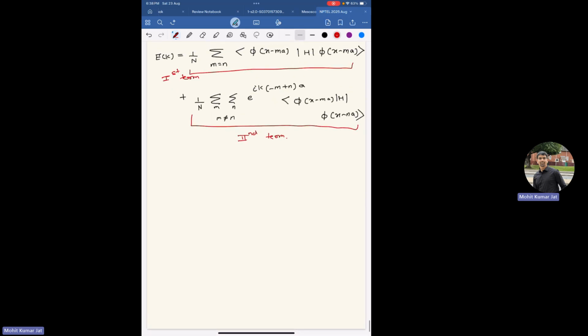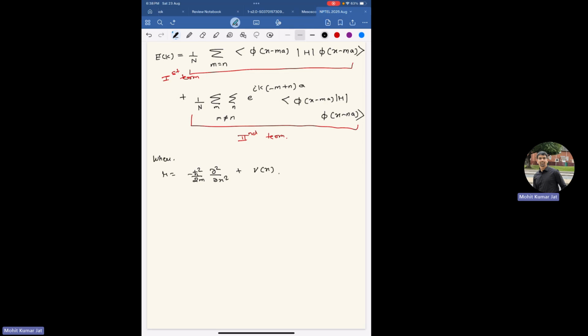Now, we generally know that the Hamiltonian can be written here. H is nothing but minus h bar squared by 2m, del 2 by del x squared, plus V of x, right?